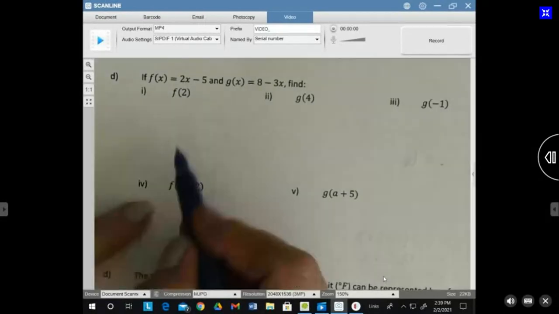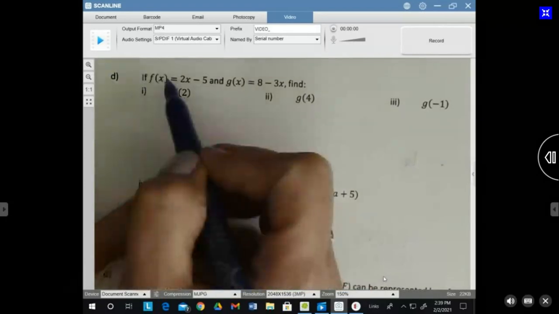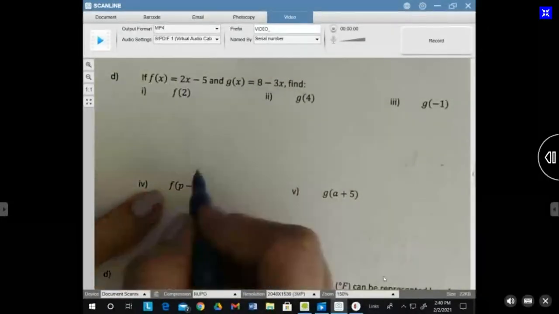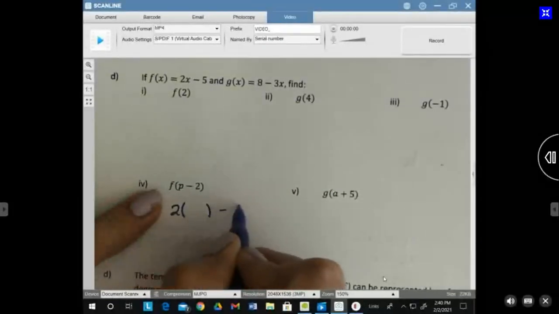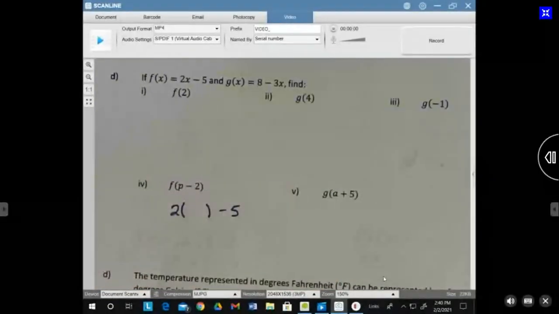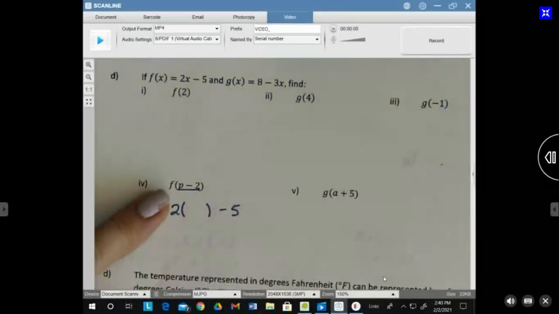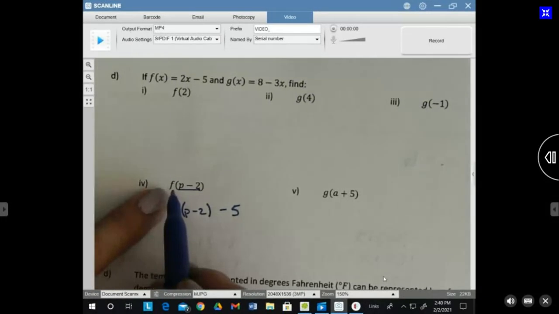If I have f of p minus 2 and f of x is 2x minus 5. Remember yesterday we said I'm going to write everything but an empty parentheses where the x is at, right? Now what do I need to put in instead of that x? P minus 2. Because that's what I'm trying to find, right? F of p minus 2.